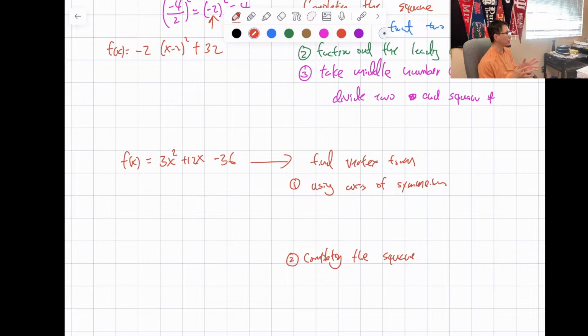So try to do one way first, and you know how to get one answer. Now try the second way. Think about how to do a second way as well, because I'm going to test you. Sometimes I'm going to say use completing the square to find the vertex form, and you gotta be able to do it. You gotta learn how to do it. Don't be like, oh, I don't want to learn new things. The whole notion of coming to school is to learn new ideas. You're not just keeping yourself in one way.